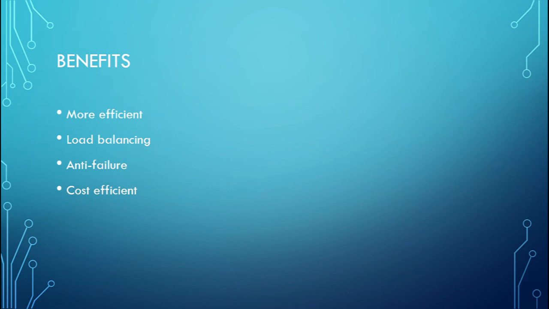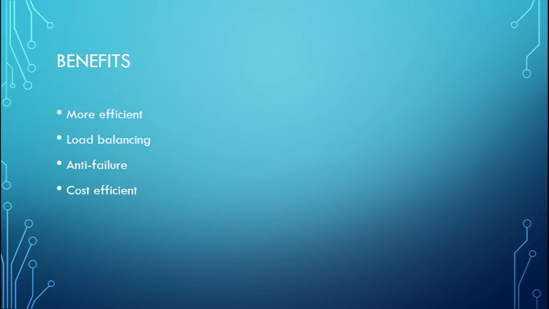Now we'll move towards benefits. It is more efficient as we have used GRE and HSRP. It is load balancing because we have used routers that will balance the load on both sides. Anti-failure because we have used HSRP.